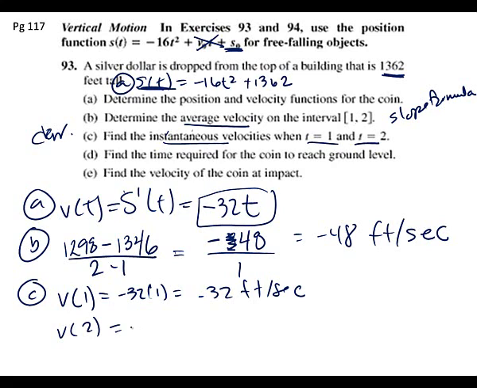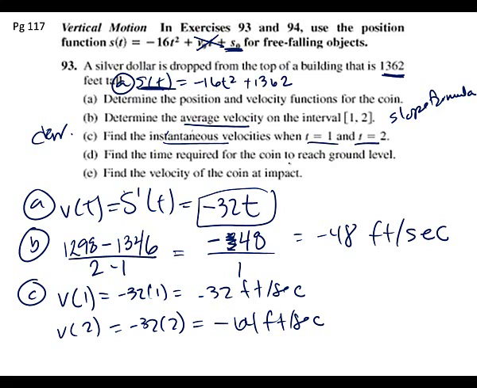And the velocity at 2 would be negative 32 times 2, which is negative 64 feet per second. Okay. Because we're not at acceleration. Second derivative, it gets squared.